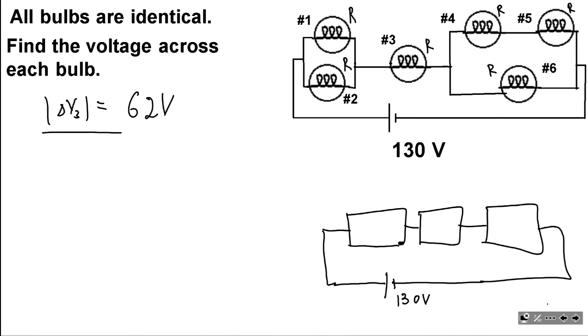Yes? 60. Okay. If you have a different, not 60 and not 62, please tell me. Yes. Maybe. But I would expect some round number with a 0 in the end.